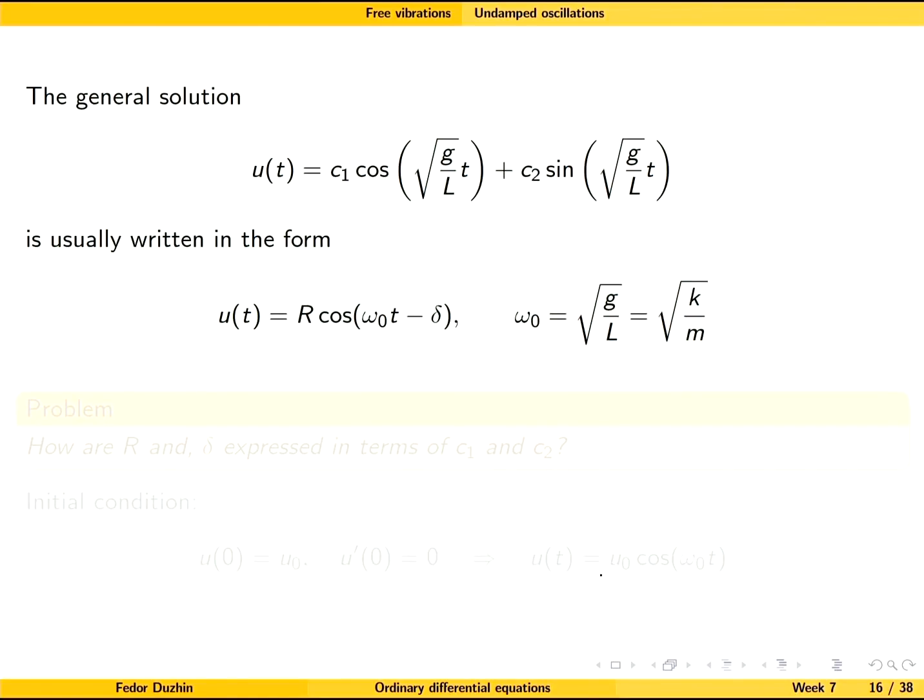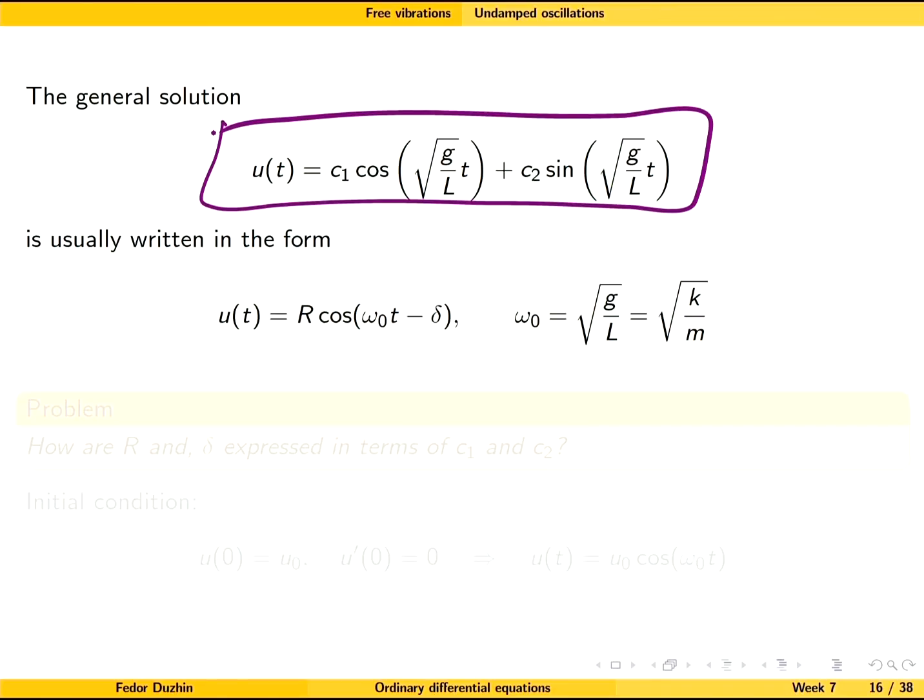So the general solution of a free undamped system can be written in this form. It is completely fine to write it in this form, but very often it is also written in this form, which is called the R formula.